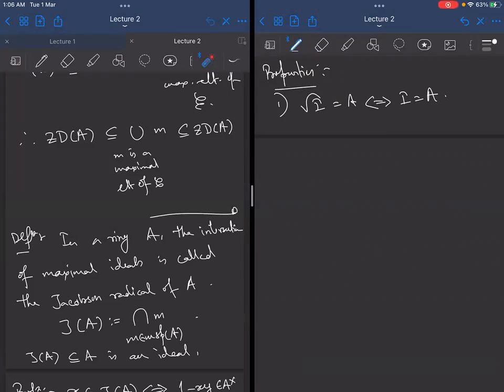So that is clear. Number 2, if you take the radical of a radical, then it is the same thing. So the radical of I is a radical ideal. And why is that true? So first of all, the radical of I is contained in the radical of the radical of I. And if you take x from the radical of the radical of I, that means what?